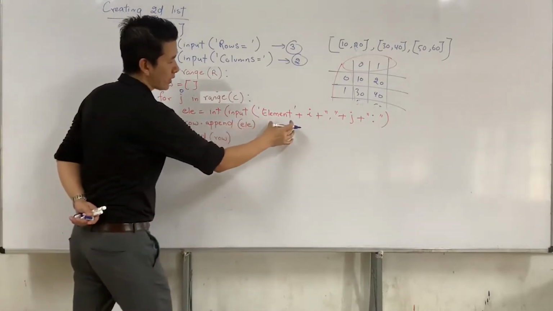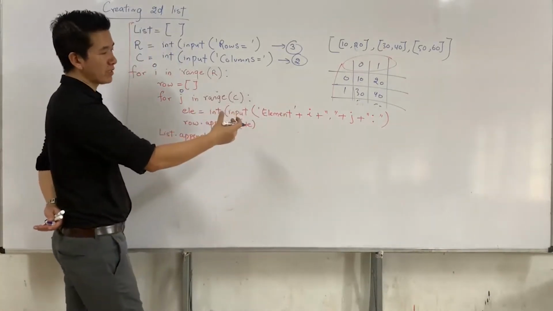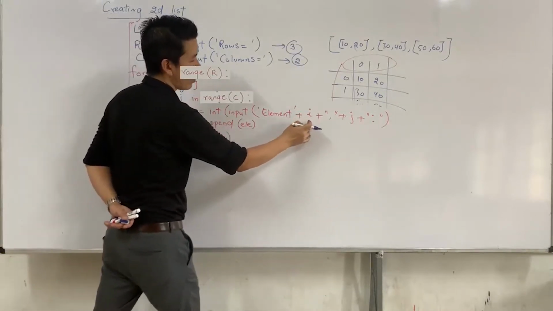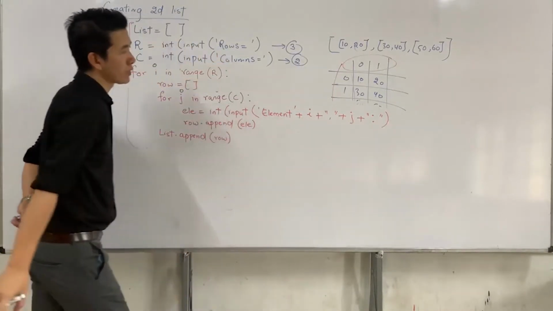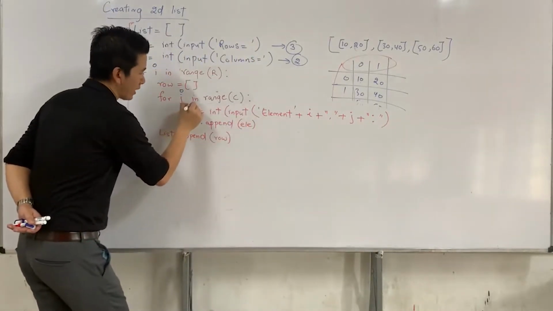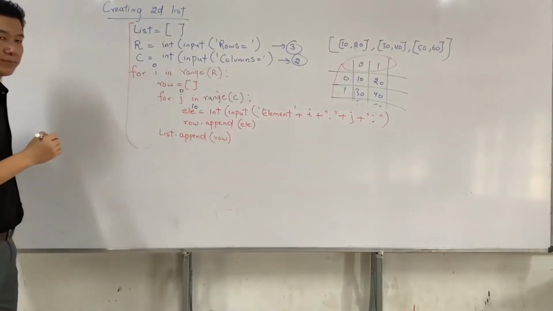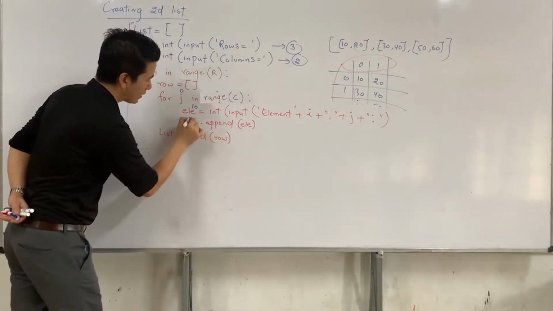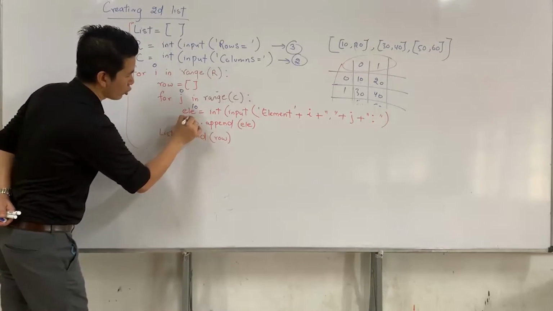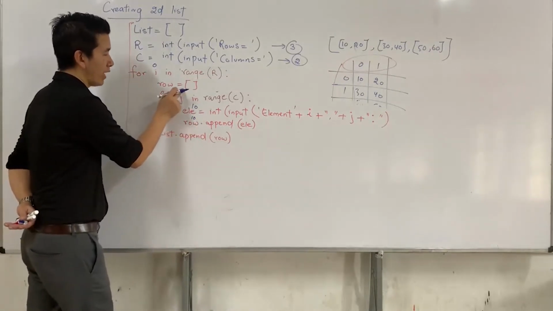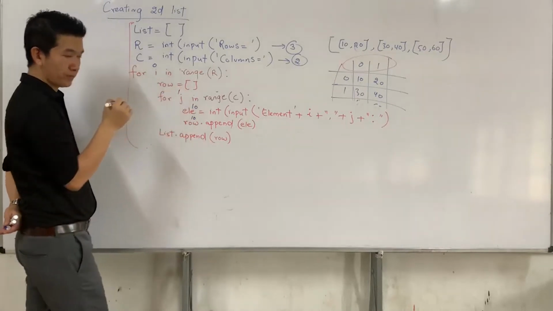So the message will be enter the element for the value whose indexes are element 0 and 0. Let's say I enter 10. So the 10 will be assigned to ELE. So this ELE, which is 10, will be appended to row. Okay, so you will have 10 here, and then from here J value gets updated to 1.